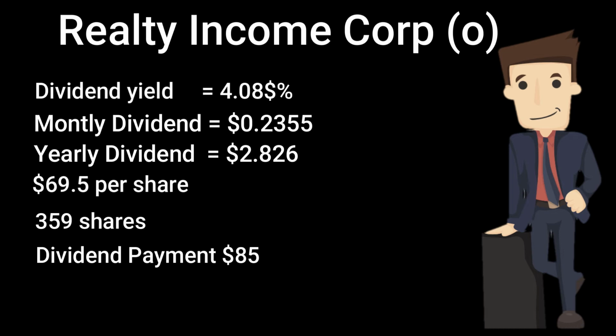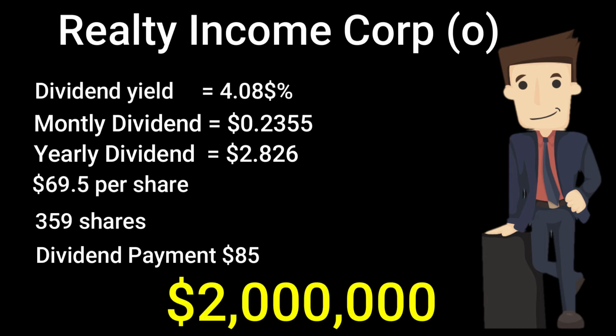The investor reinvests $85 monthly and the annual growth rate of the company continues at approximately 15% for the next 30 years. After 30 years, if the investor does not invest another penny, he will have over $2 million in assets. And bear in mind, he is not managing a property, he wasn't in debt, and what he invested in most cases would be the initial down payment for a house.